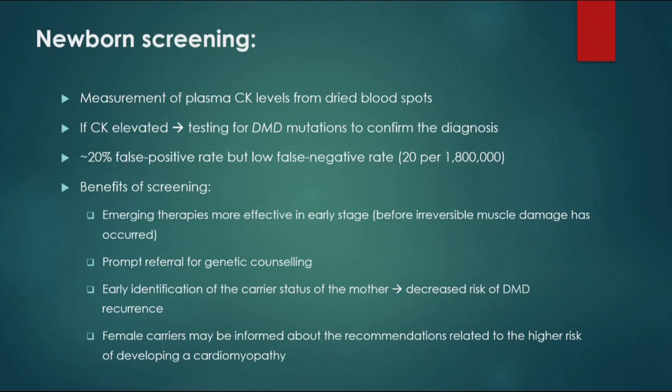And early identification of the carrier status of the mother also helps with decreased risk of DMD recurrence, because by the time the patient presents with characteristic manifestations of Duchenne by 4 years of age, the parents might have had 2 more children, and if unfortunate, they might have 3 kids with Duchenne now. So the risk is 50%, as we know.